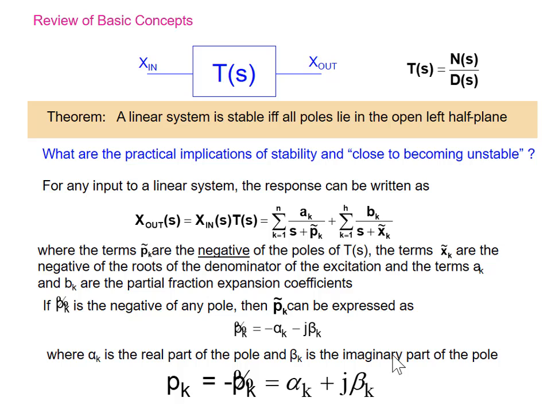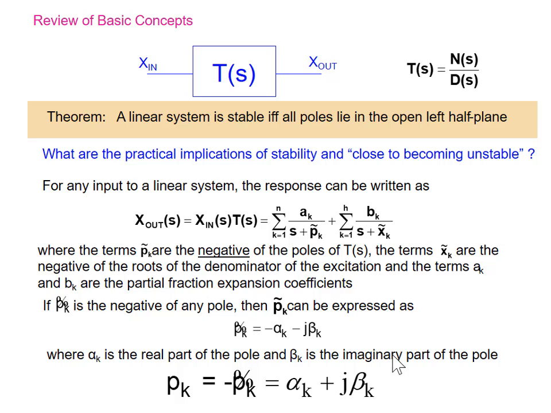If p_k is the negative of any pole, and that's how we define the p_k, then p_k can be expressed as minus alpha_k plus j beta_k. So the pole has a real part and an imaginary part. So then the pole is actually at alpha_k plus j beta_k.